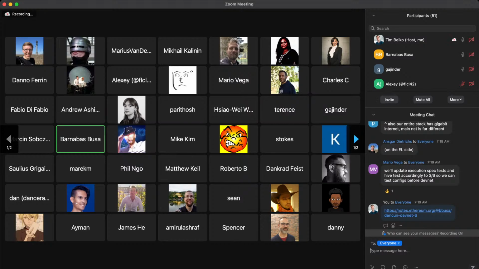Hoping to get Lighthouse by the end of today, without any validators, just to see if they can join the network and sync. And then hopefully next week we'll be able to onboard a few more client teams with the relaunch.